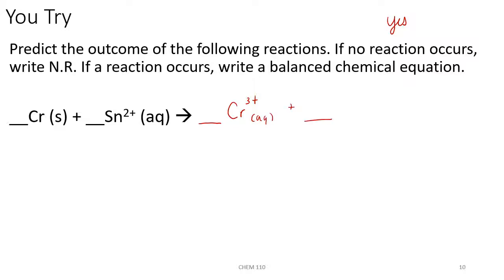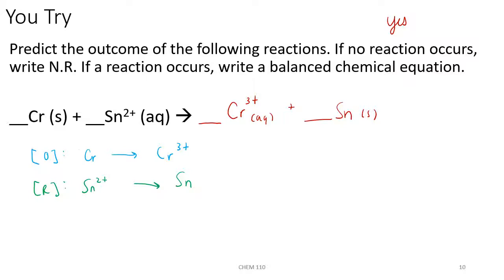And when tin becomes reduced, it'll be reduced down to solid tin. Determining the changes in our oxidation numbers for our half reactions, our oxidation half reaction will be that for chromium going to chromium 3 plus ion. And our reduction half reaction will be that for tin 2 plus going to elemental tin.